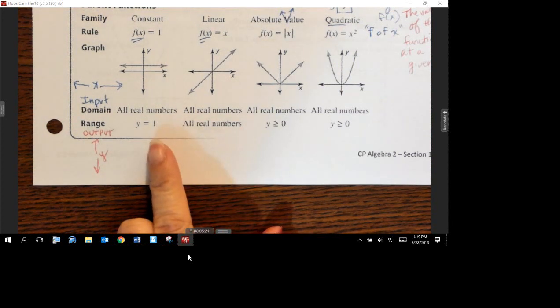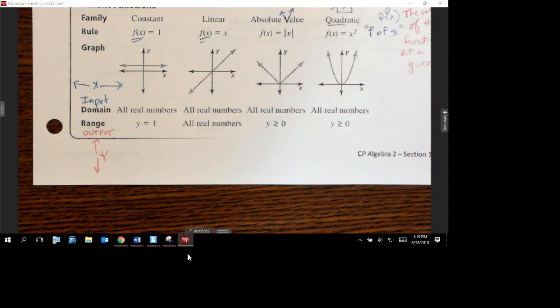So for the first family, all constants are just horizontal lines. How far this way and how far that way do they go? Forever. So we say all real numbers is their domain. For this one, this is the parent.